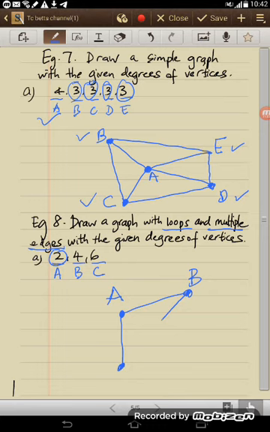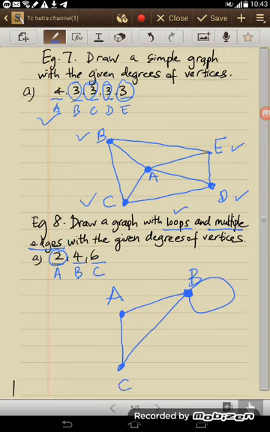If you connect here, this one already 2. How to make it 4? Because maybe we have loops, because loops have 2 degrees, so this one already 4, yeah, already 4. And then C, what about C?